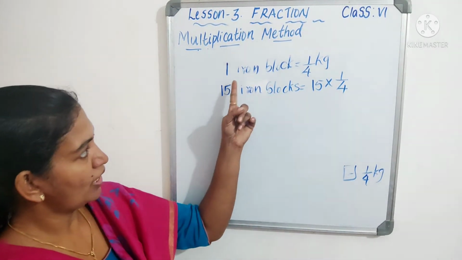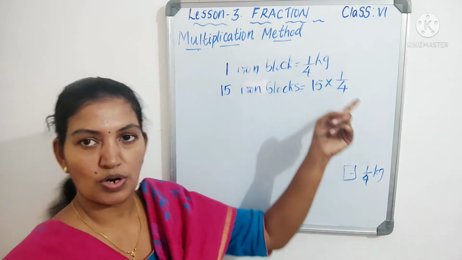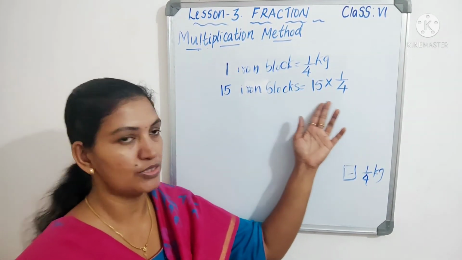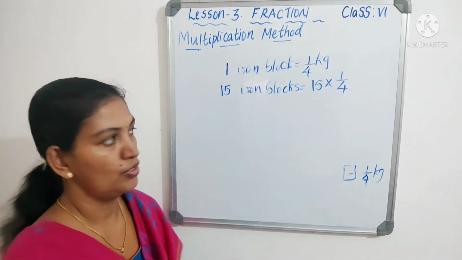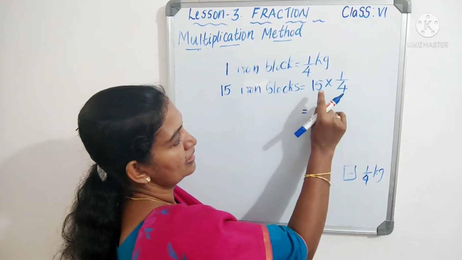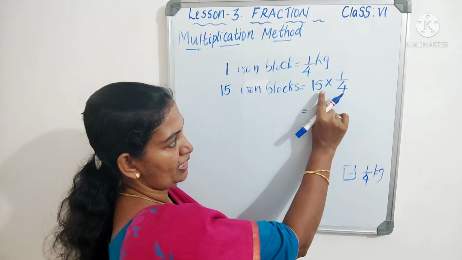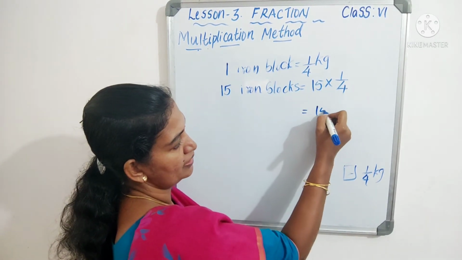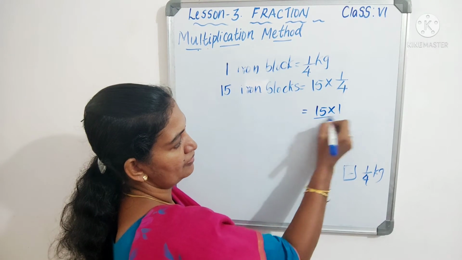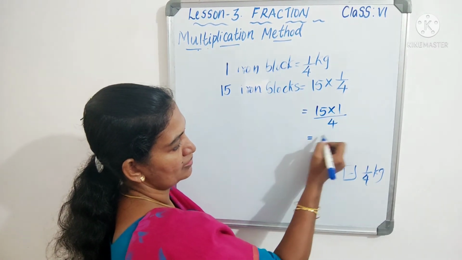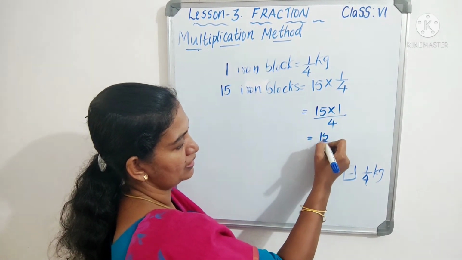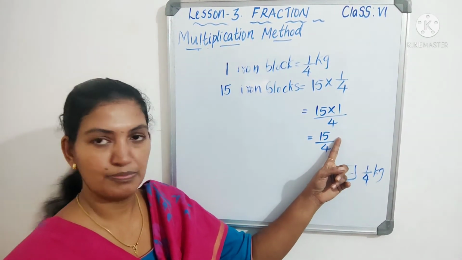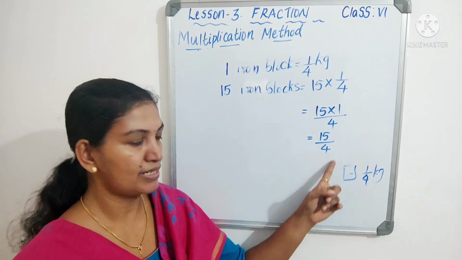Understood all of you? One iron block weighs a quarter kilogram. Then the weight of 15 iron blocks is 15 into 1/4. Whole number and a fraction, so multiply the numerators, that is 15 into 1, and keep the same denominator. 15 into 1 is 15/4. We know this is an improper fraction because the numerator is big and the denominator is small.